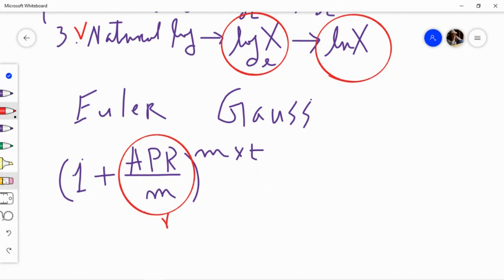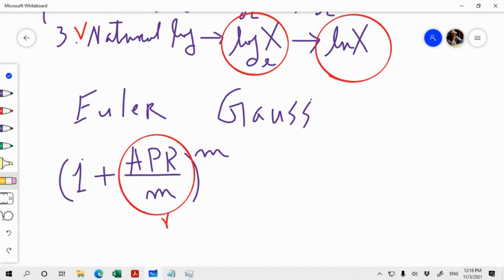We can ignore this, but depending on what m is, even during 1 year, compounding can happen m times, which could be 12, it could even be 365, right?